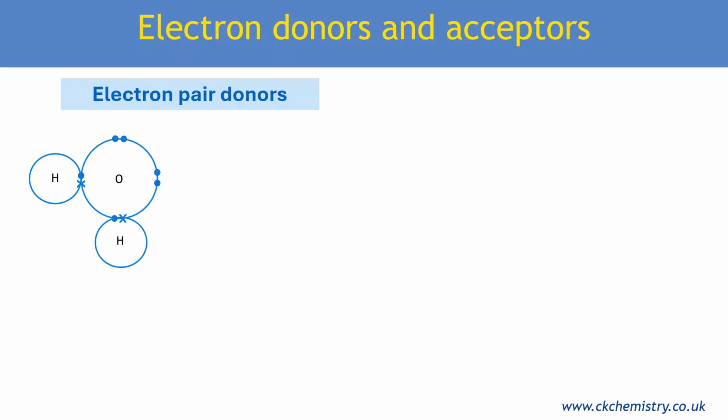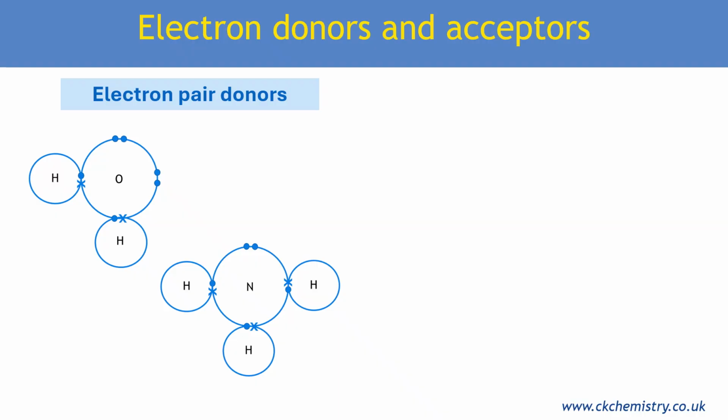They need a lone pair. Very common examples would be molecules containing oxygen or nitrogen, and here I've included ammonia and water because they very commonly come up, and you can see that both of them have lone pairs of electrons, or what we might call non-bonding pairs.